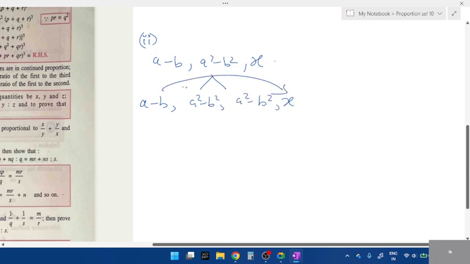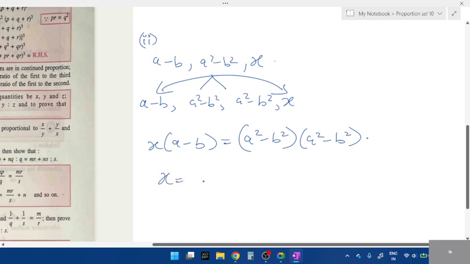Product of mean, product of extreme: x into a minus b, a square minus b square into a square minus b square. Don't multiply. Okay, if I want to find x, what happens to a minus b, students?